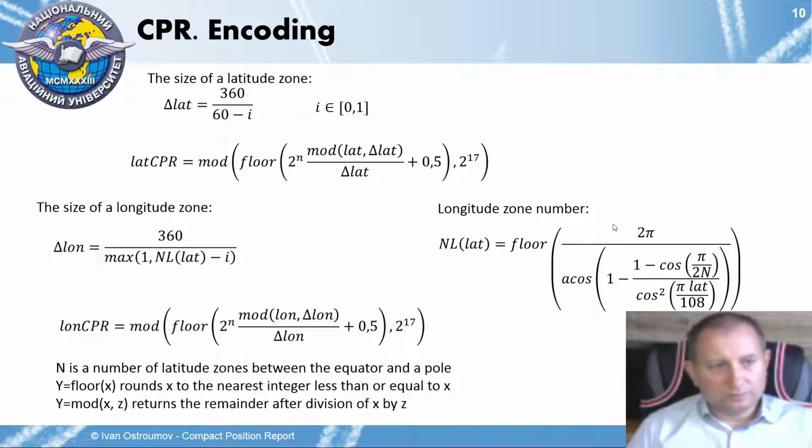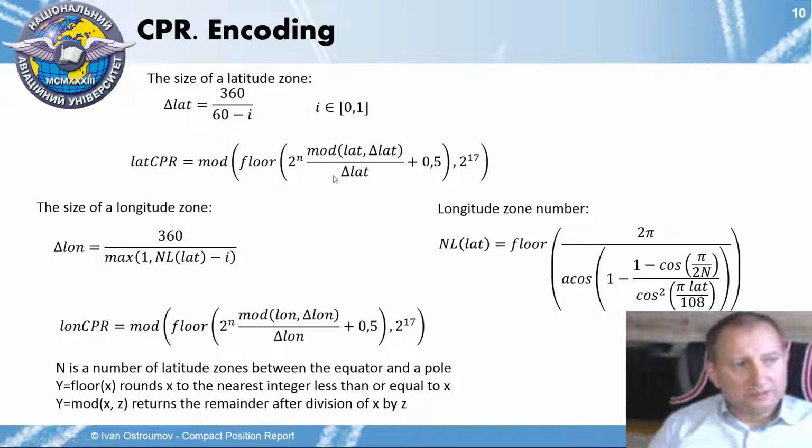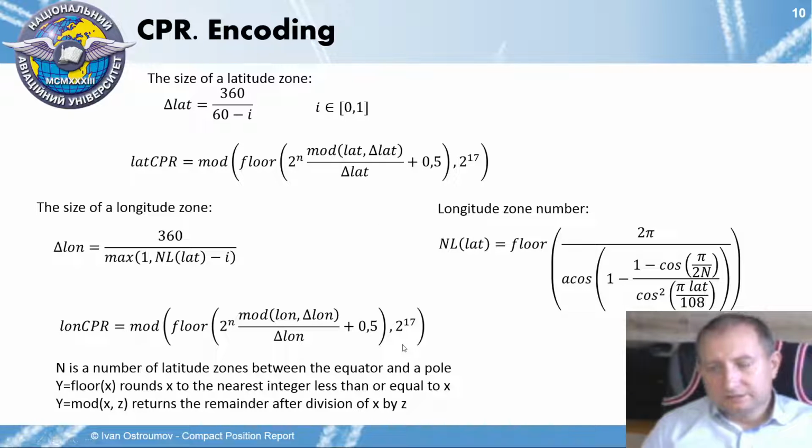It can be counted by these formulas and then used in delta longitude, which will be different for each latitude layer. And then we use delta longitude for counting our coded longitude. That's why applying two quite simple formulas, we can easily get coded values within our small rectangle.